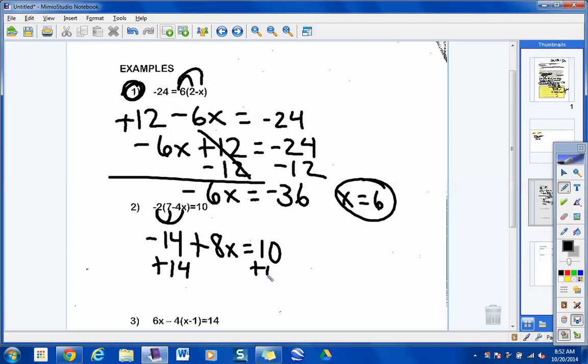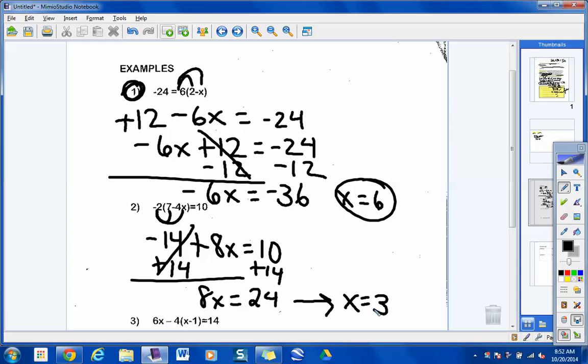All right, what are the 14s on the left going to do to each other? Yep, gone. 8x equals what value on the right? What's that sum on the right? 10 and 14. 24. Okay. So I'm looking at taking 24 and dividing by what value? 8. And what's my solution here? 3. So your x value will be 3. You owe me a soda. Well, we said something at the same time.